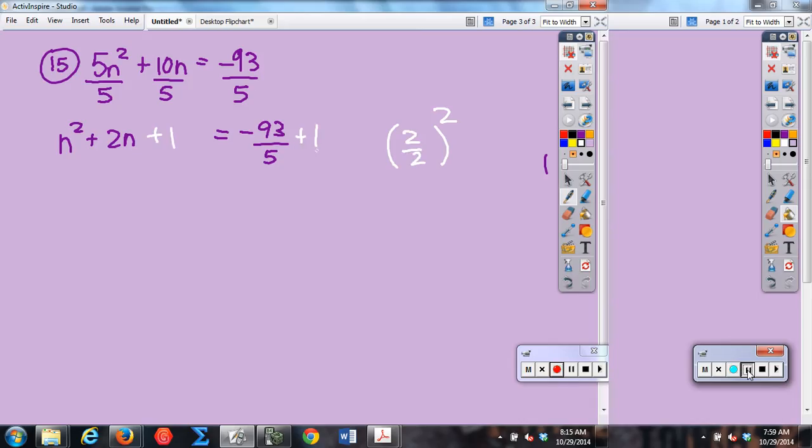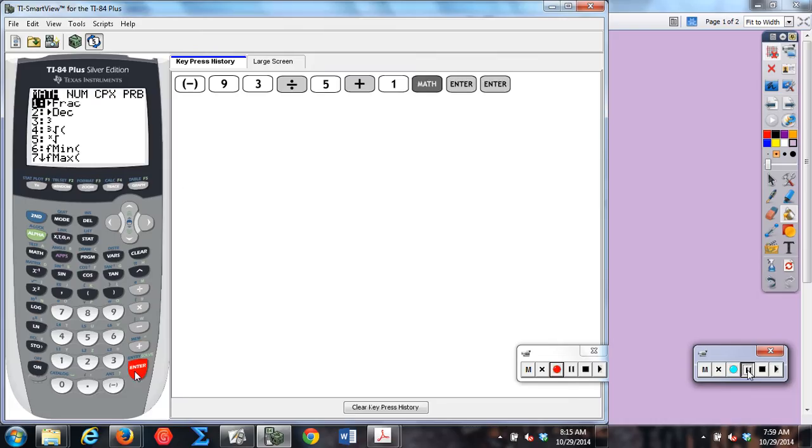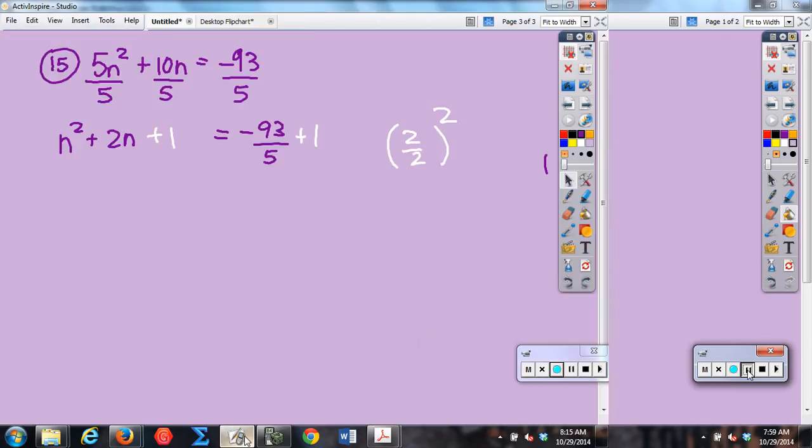And if you want to be lazy like I'm going to be, you just go negative 93 fifths plus 1. And then, I don't even have to get a common denominator, negative 88 fifths. Okay? So this is negative 88 fifths right there.